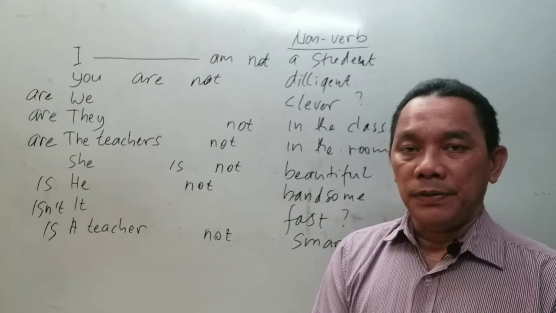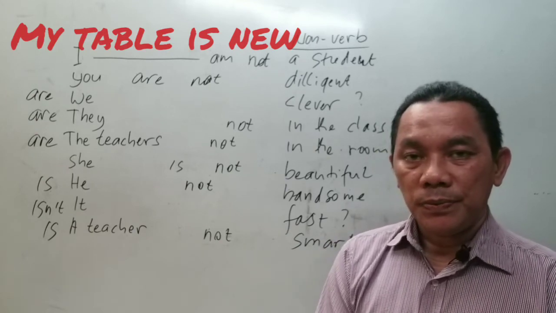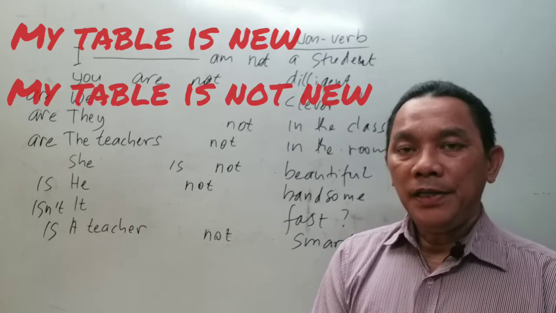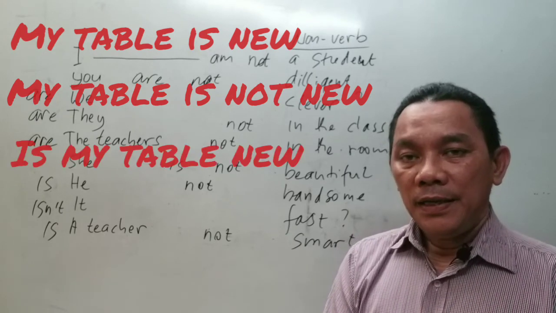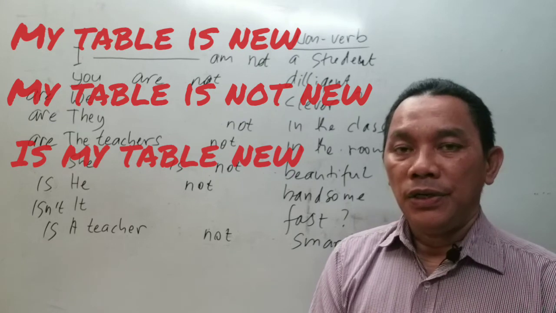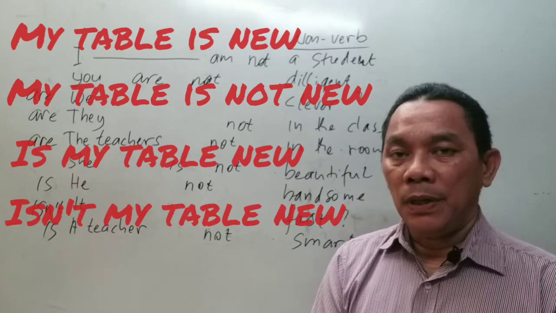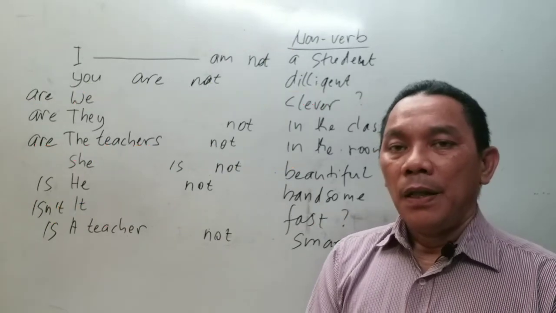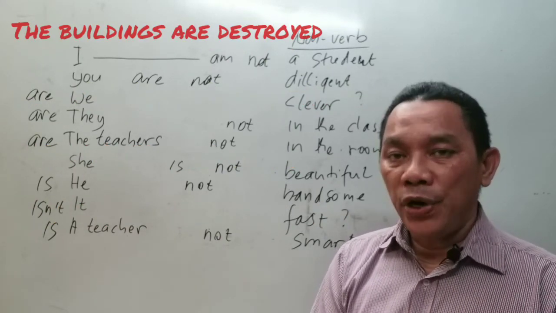Next example. My table is new. My table is not new. Is my table new? Isn't my table new? The buildings are destroyed.